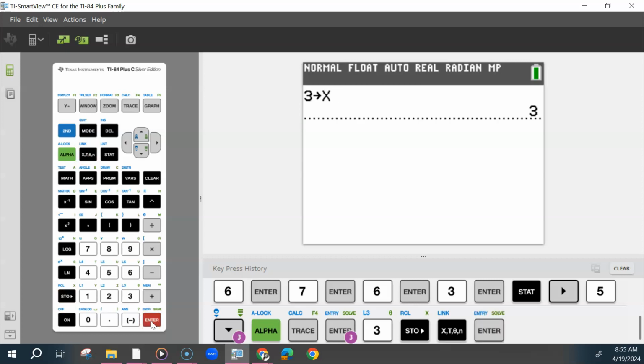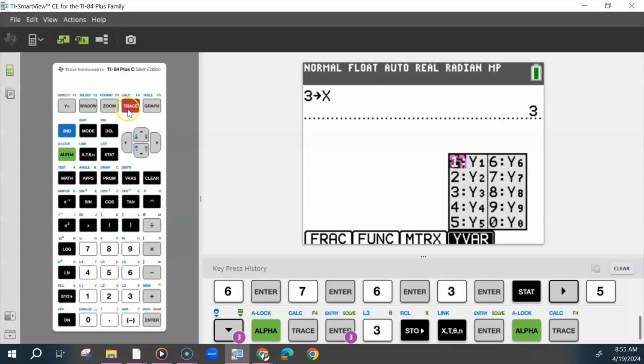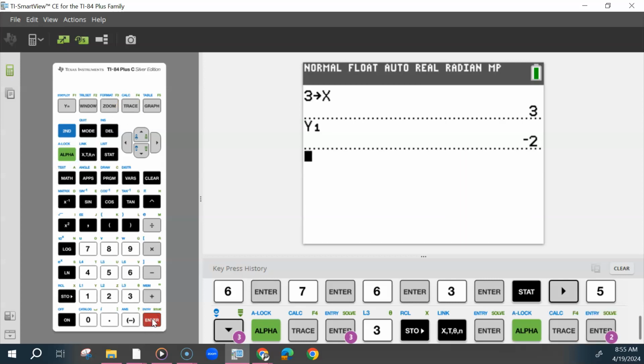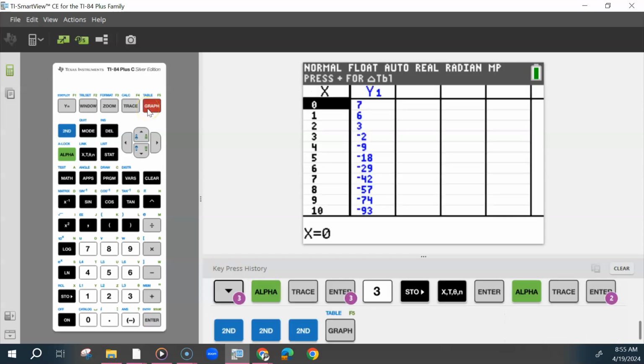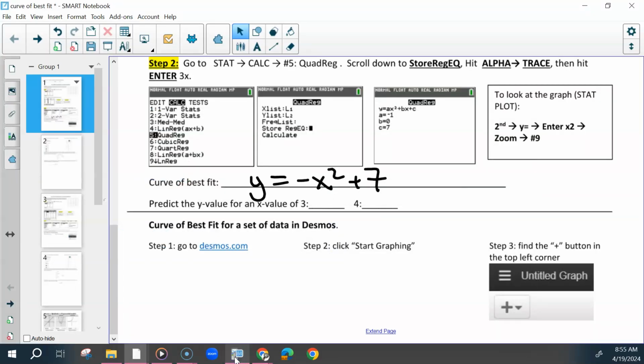And then going back and grabbing your equation at the trace and enter twice. That would tell you what your value is. Or you could go to the table. Both of these methods only work if you stored it. If you didn't store it, this won't work. If you go into second graph, you could find when your x is 3 and when your x is 4, and then write those 2 values down. So negative 2 and negative 9.